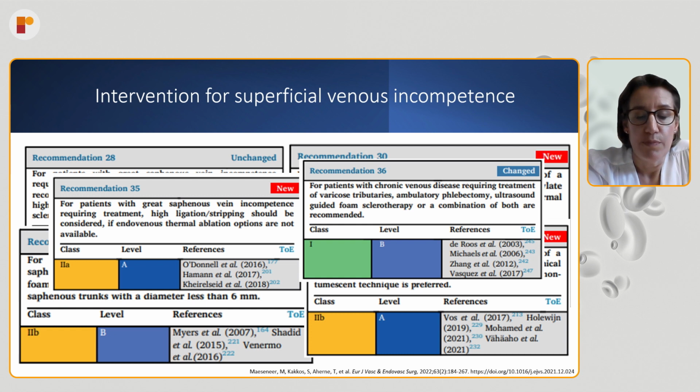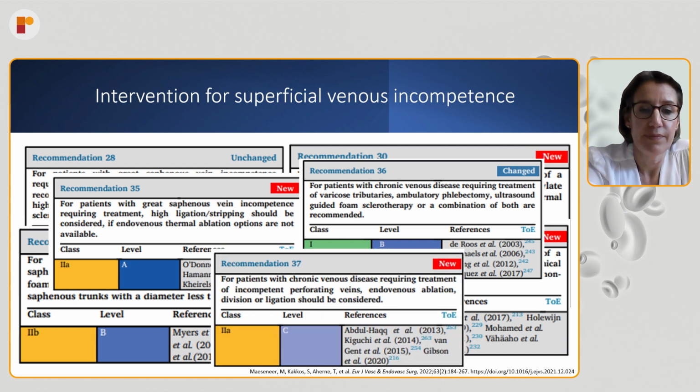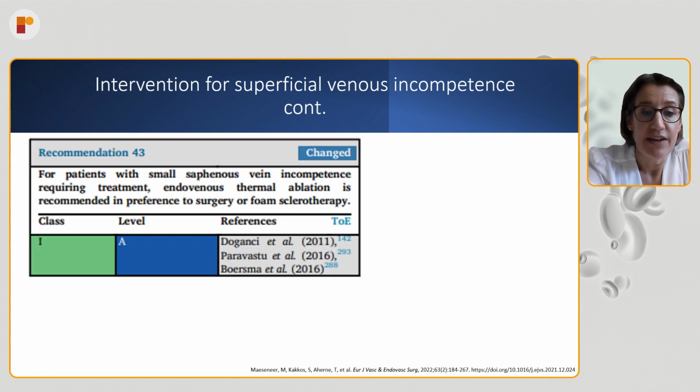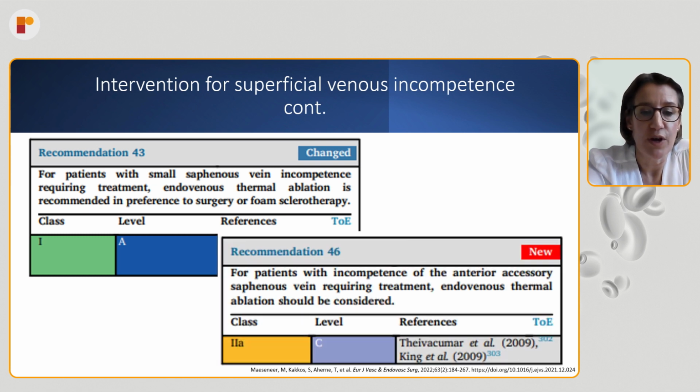For patients requiring treatment for varicose tributaries, ambulatory phlebectomy, or ultrasound-guided foam sclerotherapy, or indeed a combination of both, should be considered. For patients with chronic venous disease requiring treatment of incompetent perforating veins, endovenous ablation or ligation can be considered. For the small saphenous vein, endovenous thermal ablation is recommended as opposed to surgery or ultrasound-guided foam.